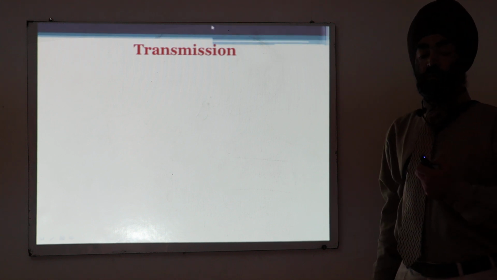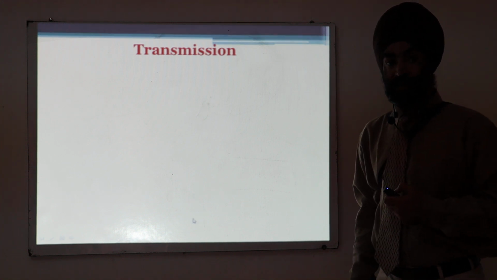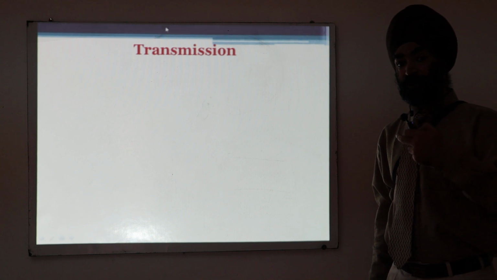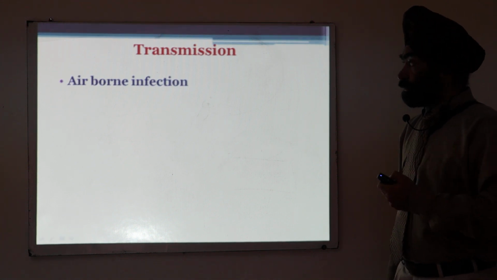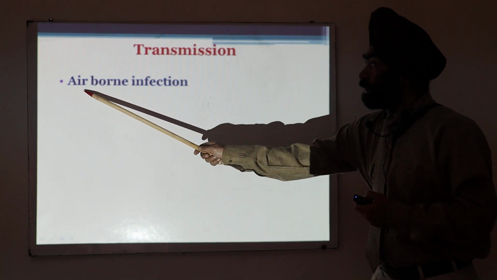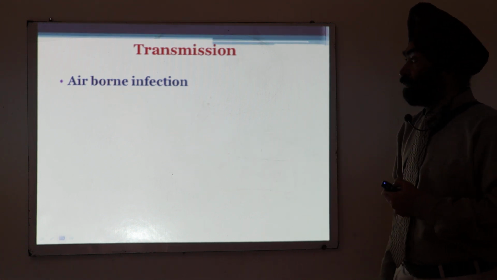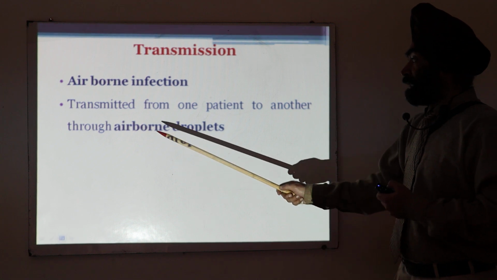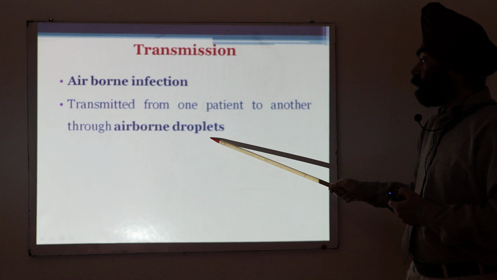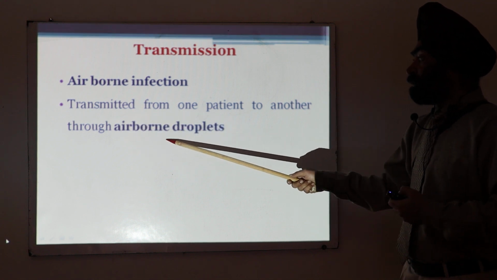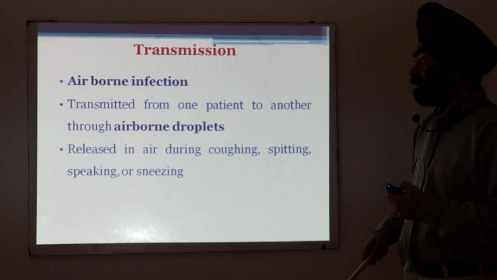So now, as I told, it is a communicable disease. That means this disease can be transmitted from one person to another person. It is transmitted through the air. So it is an airborne infection. That means it is transmitted from one person to another by airborne droplets. Where do these airborne droplets come from?